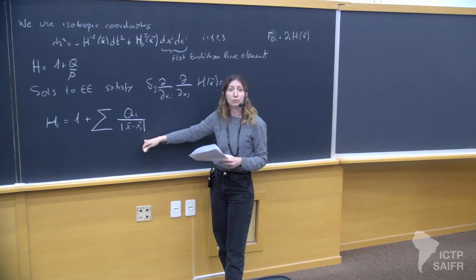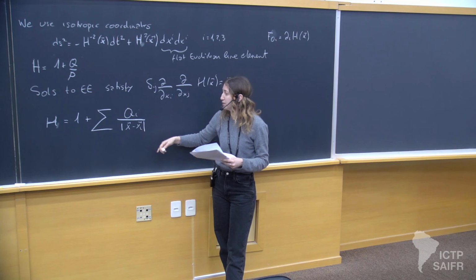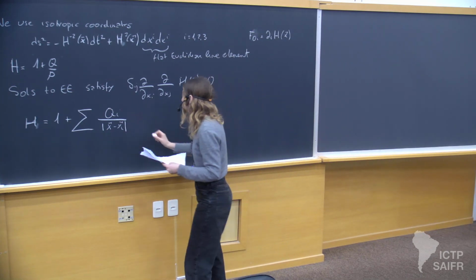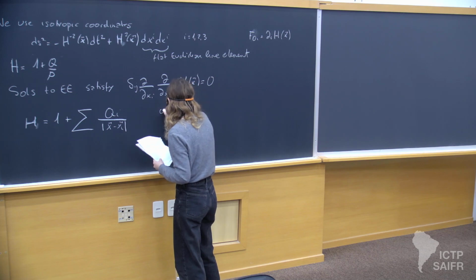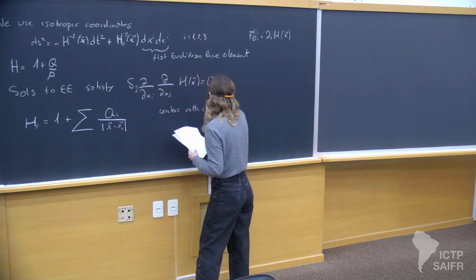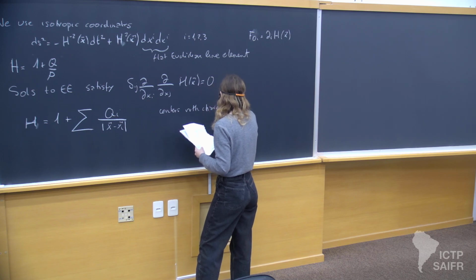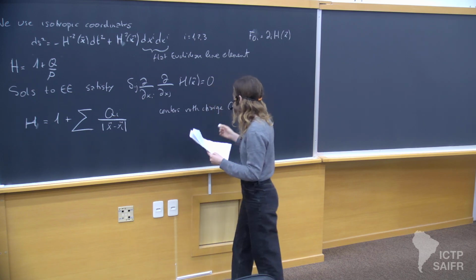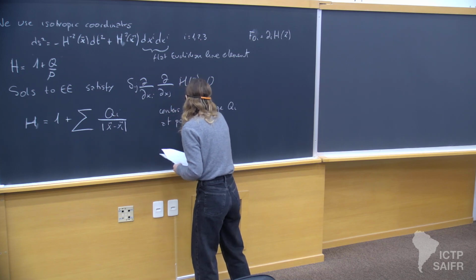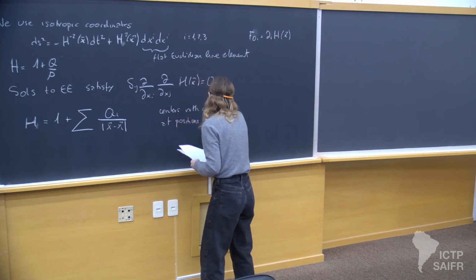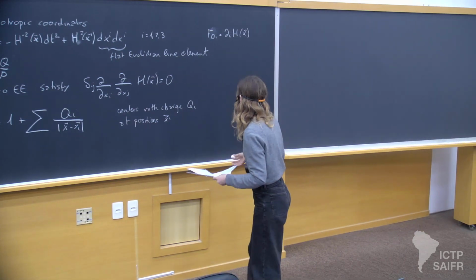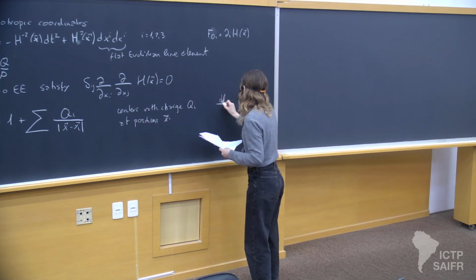So it can also represent a space-time in which there are many different centers, many centers with charge qi at positions xi. And these are the so-called Majumdar-Papapetrou solutions.